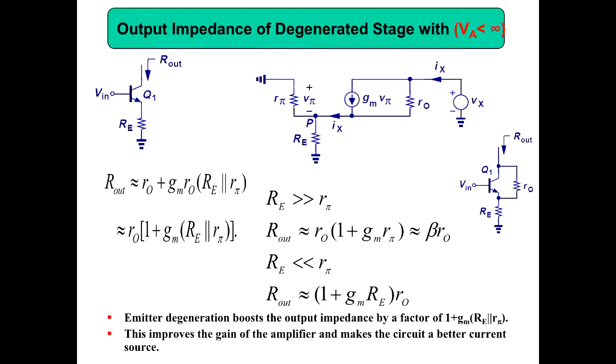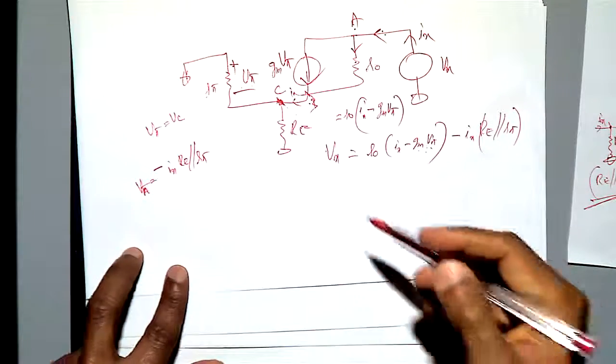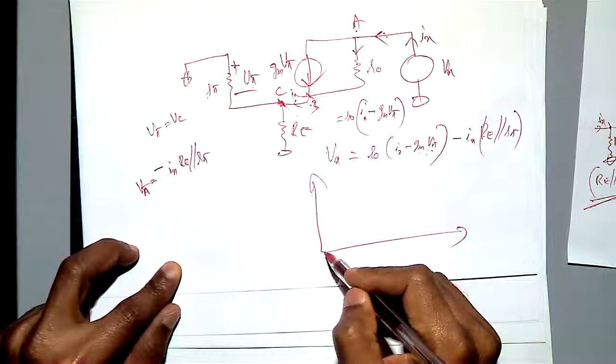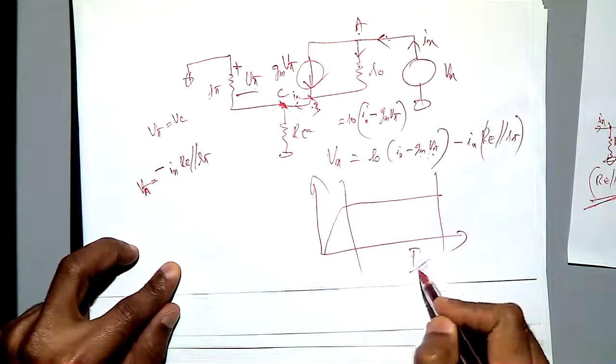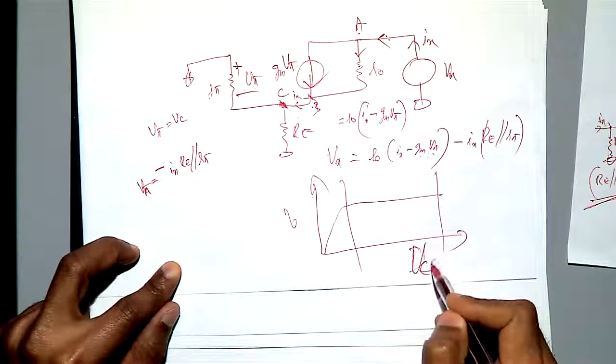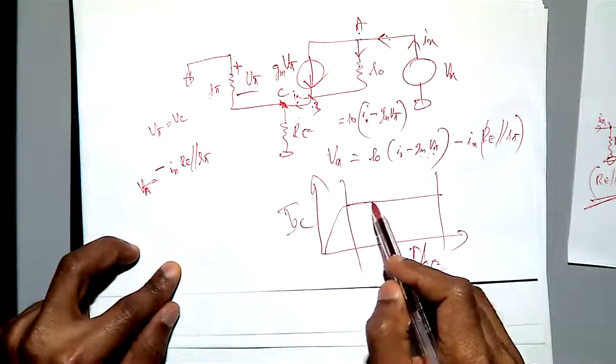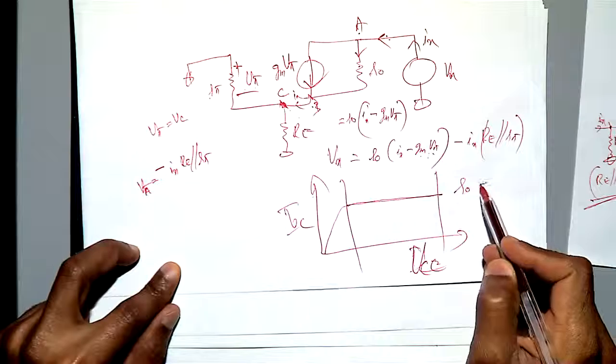What I meant is the transistor is a very good current source when RO equals infinity. When RO equals infinity, you don't have early effect. It's a straight line: this is VC, and this is your IC. See, this is straight, meaning RO equals infinity.